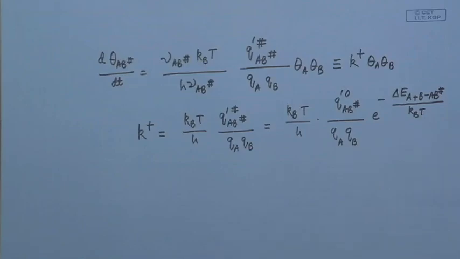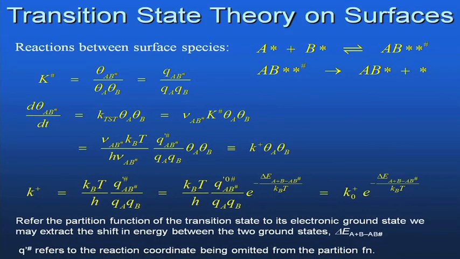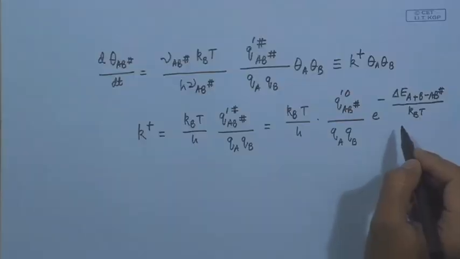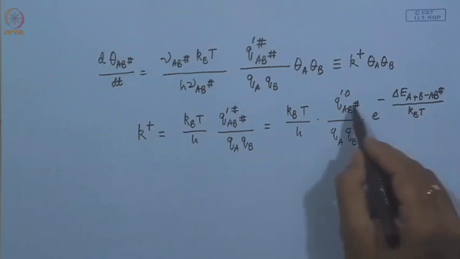Basically we refer here the partition function of the transition state to its electronic ground state, and we may extract the shift in energy between the two ground states by this much, delta E, A plus B minus AB double dagger or AB pound. That is why this term is here, and Q primed double dagger refers to the reaction coordinate, meaning one mode is taken off.